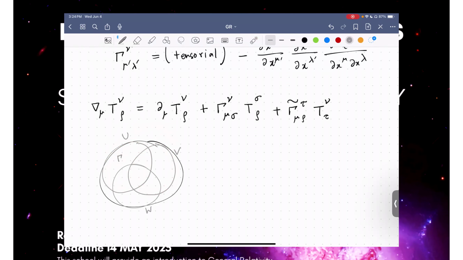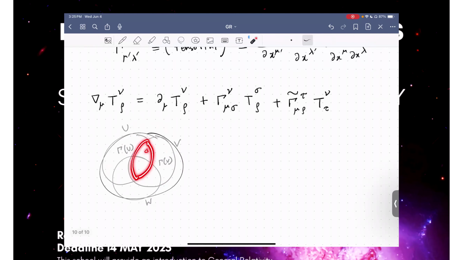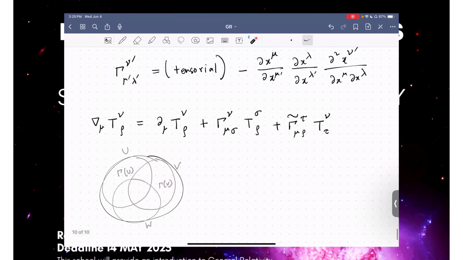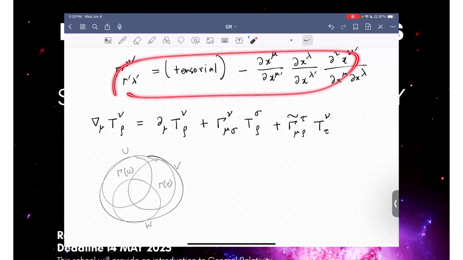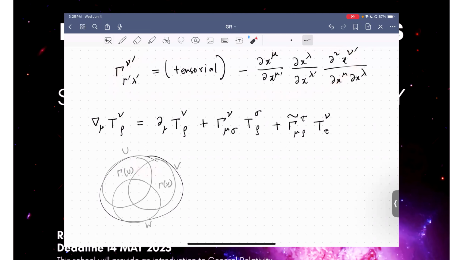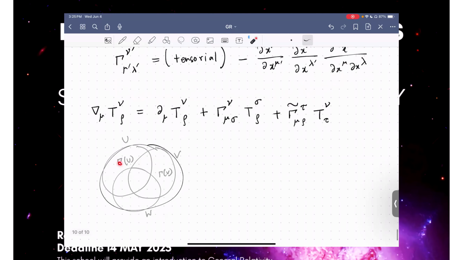So this is gamma U, and then you have gamma V. And in the intersection of these two coordinate charts, you have some transformation. And you define this gamma V by imposing that it satisfies this coordinate transformation when you go from here to here. All right. And similarly, you can go from here to here and define gamma W.